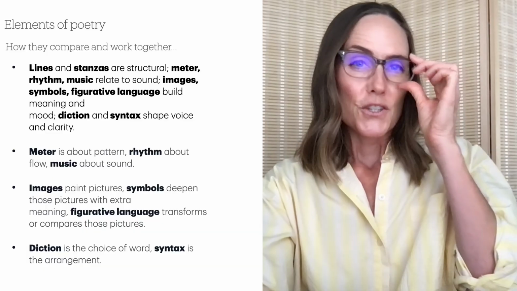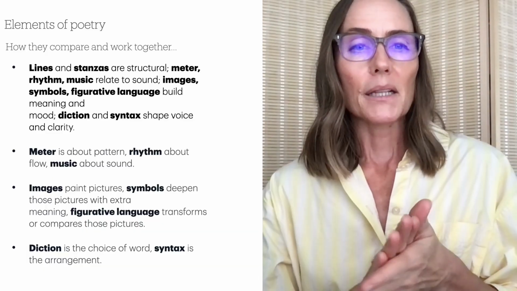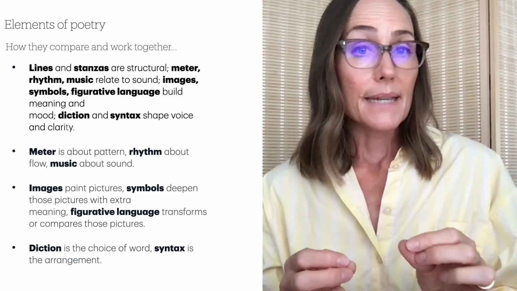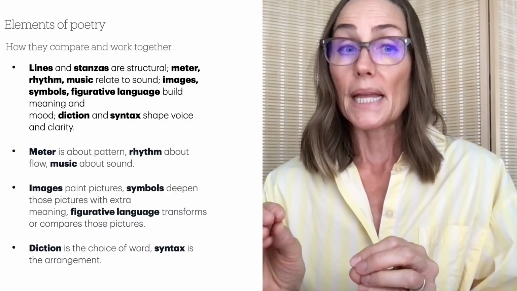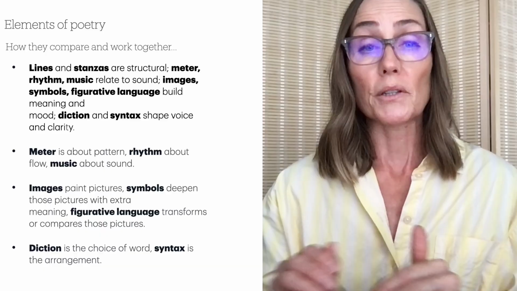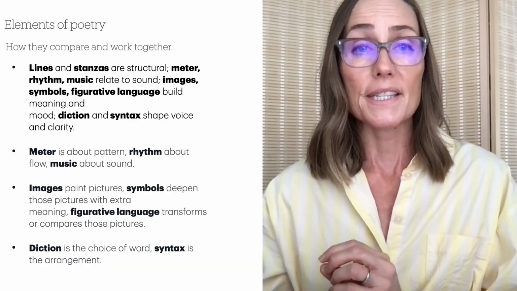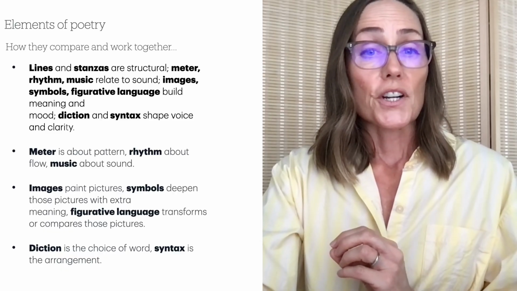All right. So, just a quick review: how the elements of poetry compare and work together. Lines and stanzas are structural. Meter, rhythm, and music relate to sound. Images, symbols, figurative language build meaning and mood, and diction and syntax shape voice and clarity. Let's look at that a little bit closer.